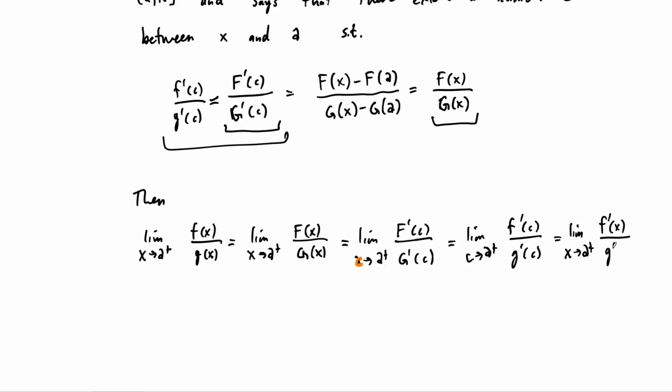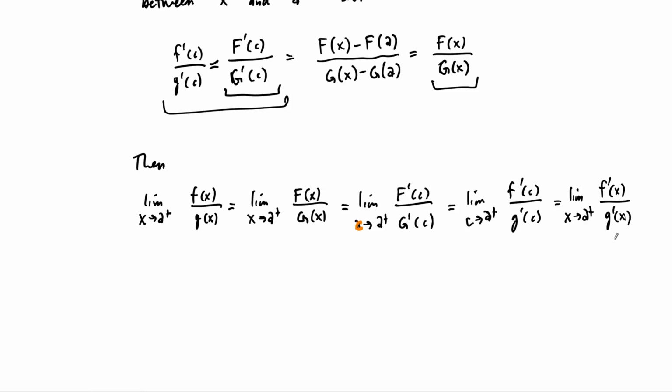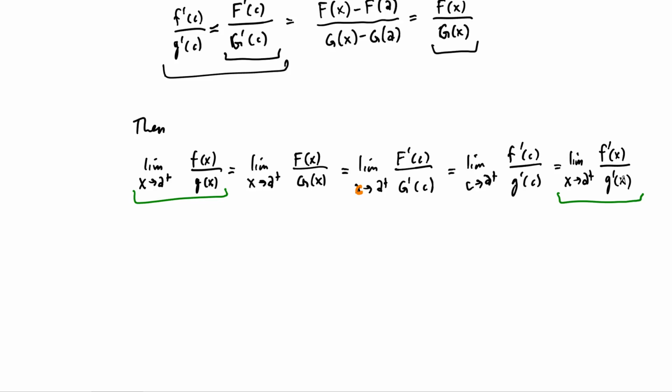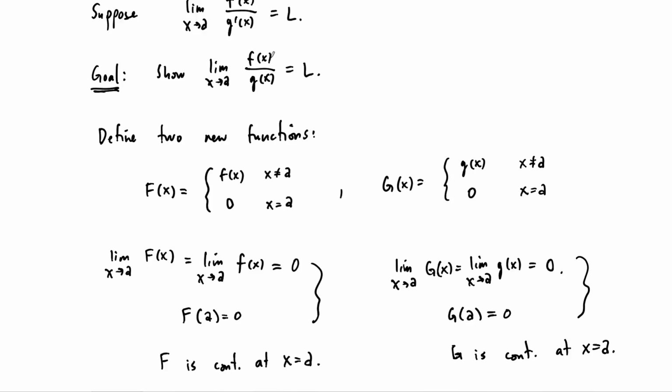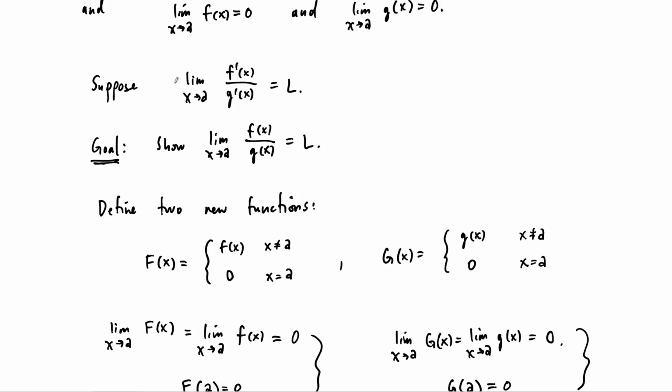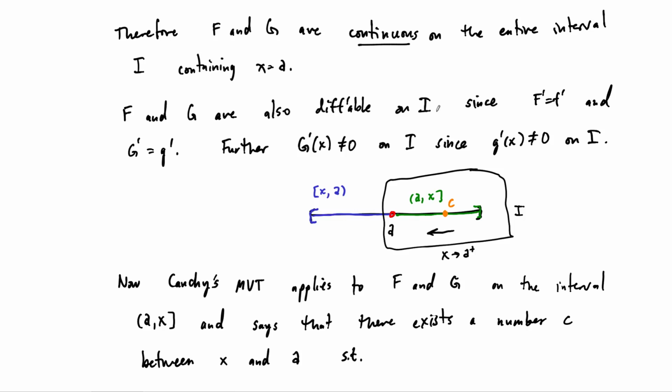It's equal to the limit as x approaches a of the ratio of the derivatives. So after all this, we got that the limit that we want is equal to the limit right here, right? But we said that one equaled L. Did we? Where did we say? Way back up here, right? Yeah, that one equals L. The limit as x approaches a of f prime over g prime is equal to L.